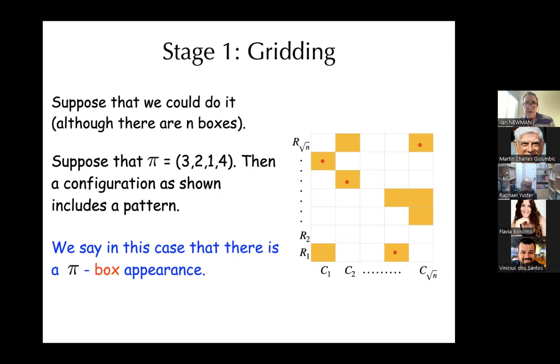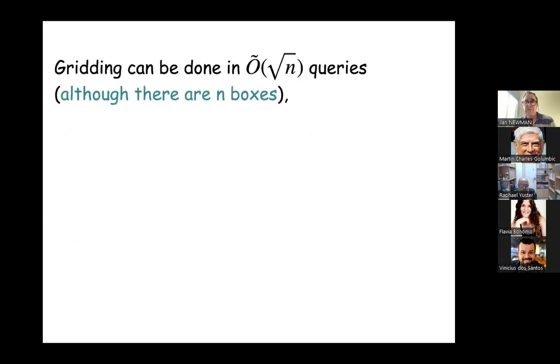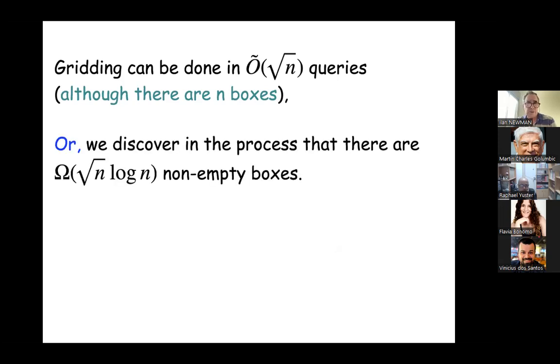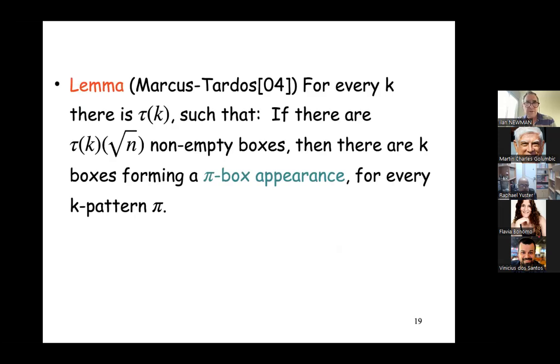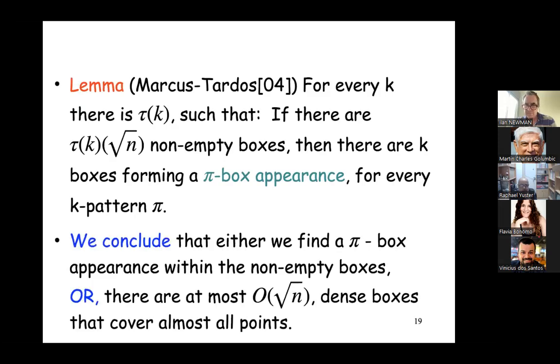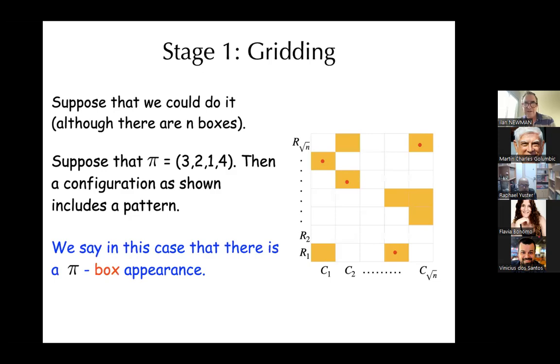So every time that I have a pi box appearance, I have also a pi appearance. But the other way around is not correct. I mean, it's not an equivalence. I'm just telling you at this point that the other way around is not true, because I could have a pi appearance with 2 boxes sharing the same layer or the same column.